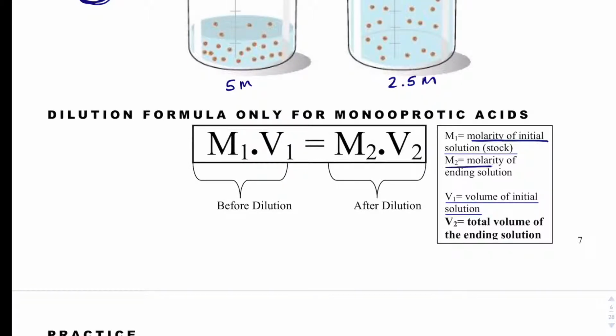And then M2 represents the molarity of your ending solution. And then V2, this is one that people commonly mess up. V2 represents the total volume of your ending solution. Okay, so V2 is total volume. I'm going to write it here because people commonly mess that up. Total volume.